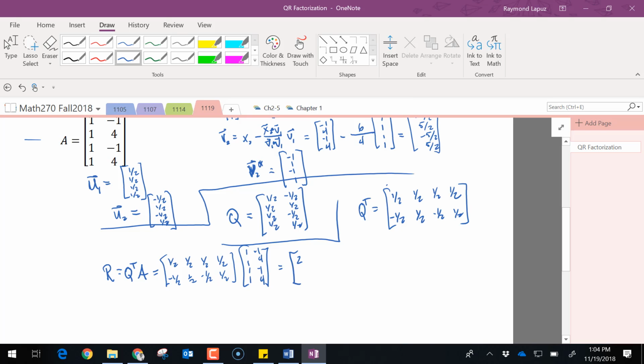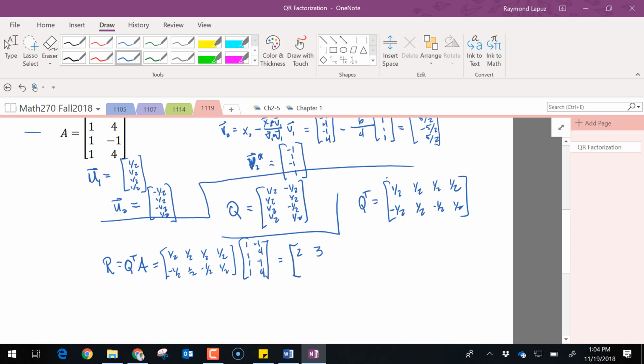Is that right? 6/2 is 3. Then we multiply this, negative 1, 1, 1. So this is 0. As they promised, this is supposed to be an upper triangular matrix, so we know that the lower left side will be 0. And then the last one, we got a positive 1, positive 1.